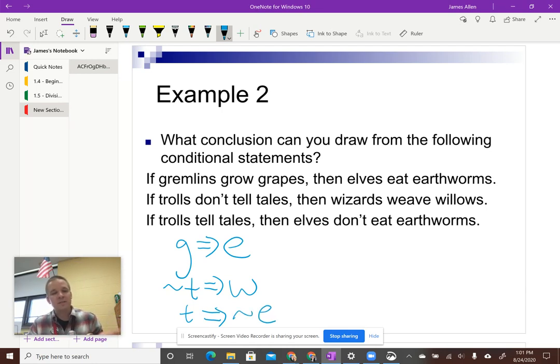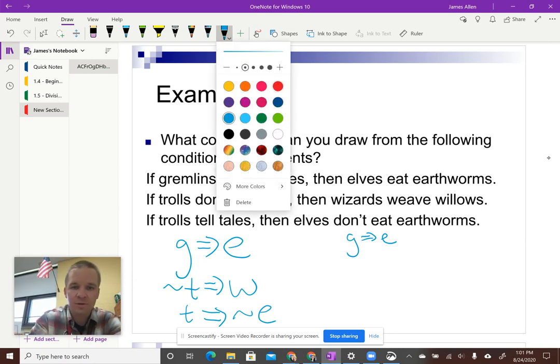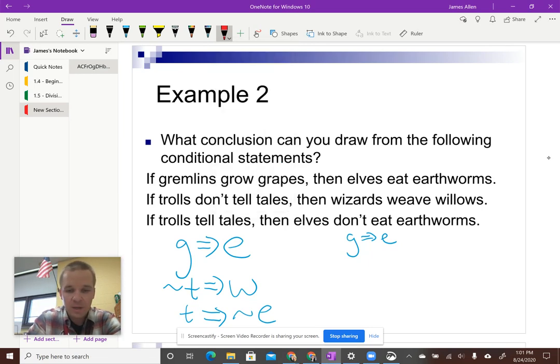So what we want to try to do is link these together. I'm going to start with my G, then E. Do I have anything that starts with E? No, I don't. However, if I were to do the contrapositive for a few of these, I'm going to do it for both. For this one, I'd have not W, then T. I flipped it and negated both. So when W comes first, I then negate it. T goes to the end, and I negate a negation, which makes it positive.